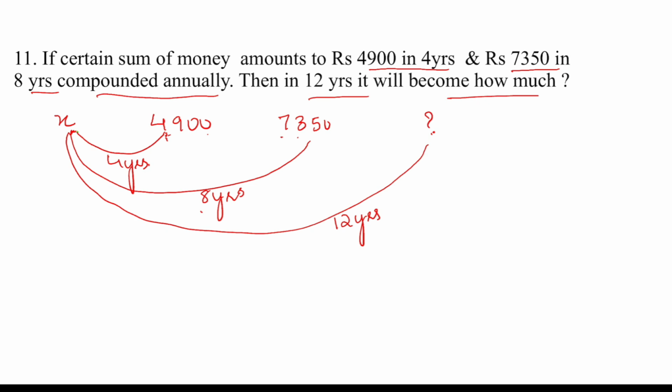From x to 4,900, it is 4 years. Again from 4,900 to 7,350, again it is a 4 years difference, because from x to 7,350 it is 8 years. So again from 4,900 to 7,350 it is 4 years, isn't it? So again 4 years it has to come here to reach 12 years, isn't it?